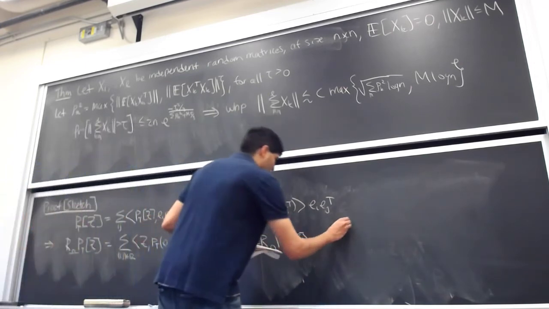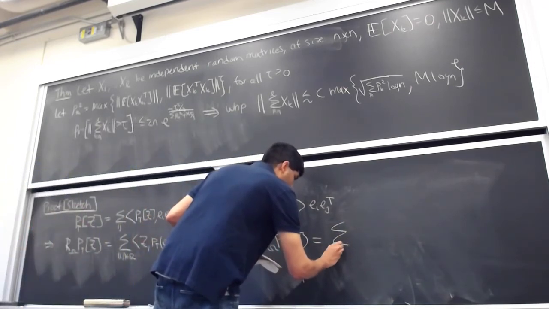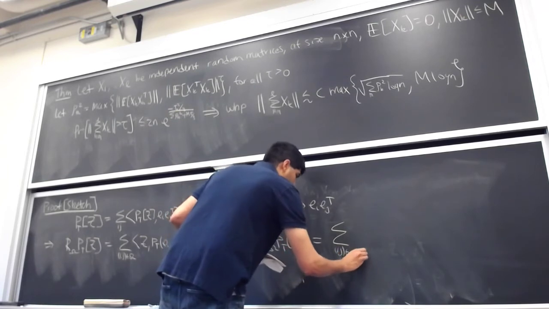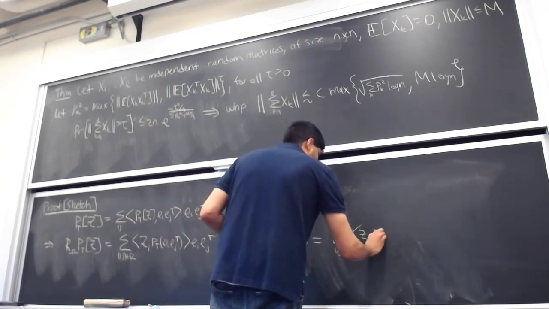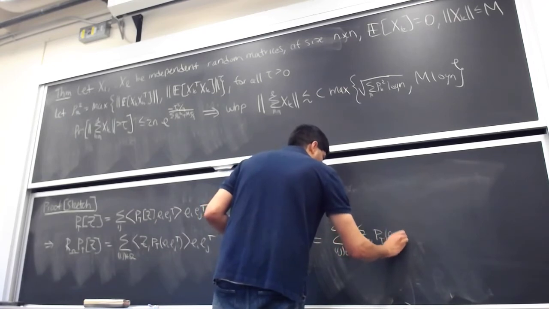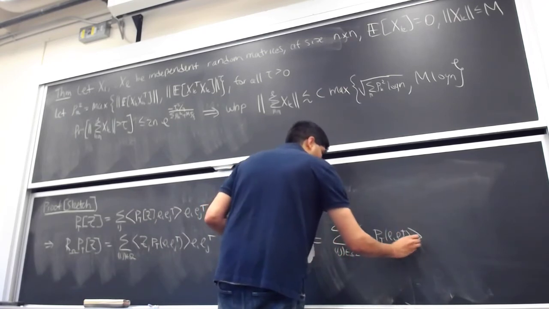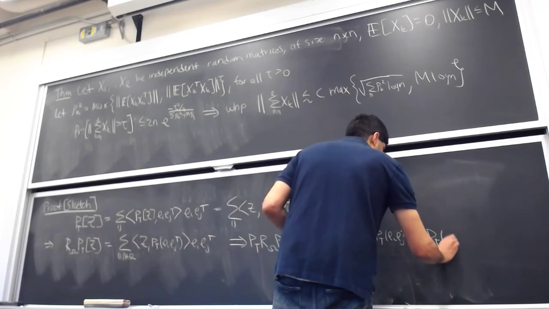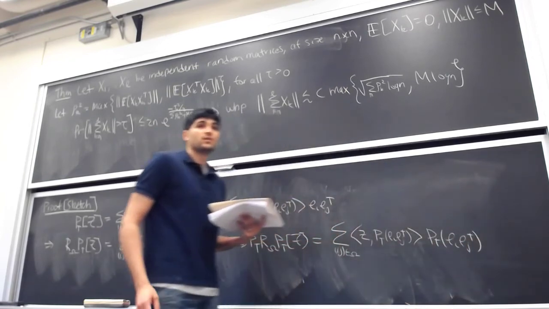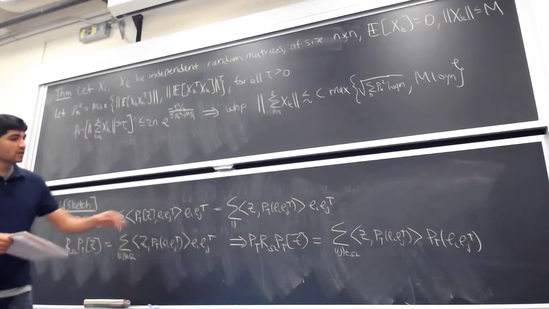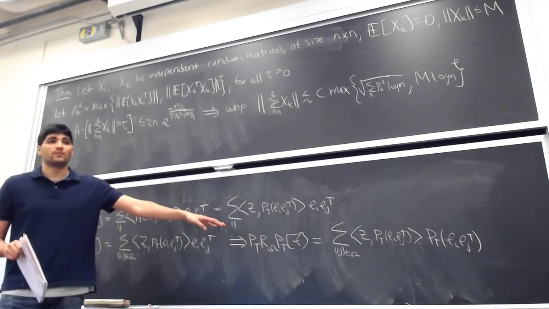So what this really gives me is the sum over all ij in omega of the inner product between Z and P_T of e_i e_j transpose, times P_T of e_i e_j transpose. So that's my convenient expression.